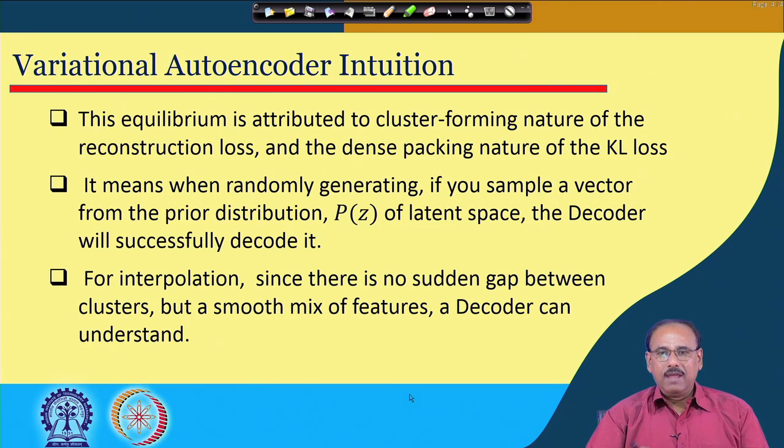Now, as every individual cluster is compact and the distributions of all different categories are also very close to each other, that simply means that if I take a latent vector at random from this latent space, then the decoder will be able to successfully decode or reconstruct the corresponding image.